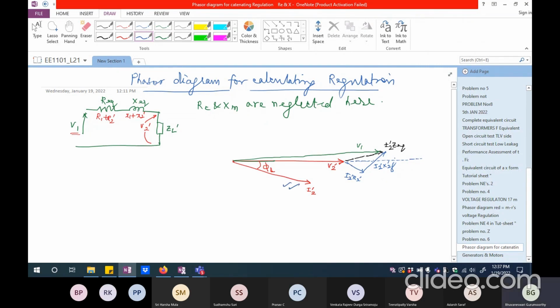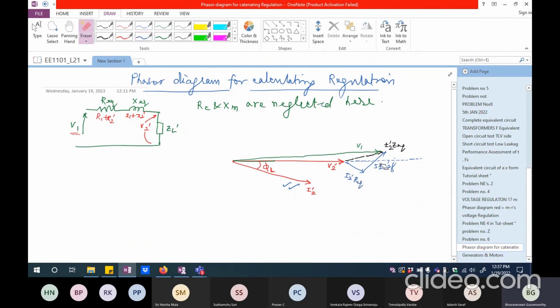So this is representing the drop in the resistance. I should not even say R2 dash, I should rather say R equivalent. So I am writing this as I2 dash R equivalent.